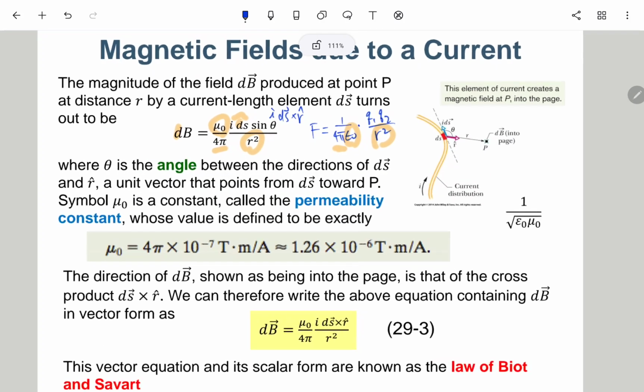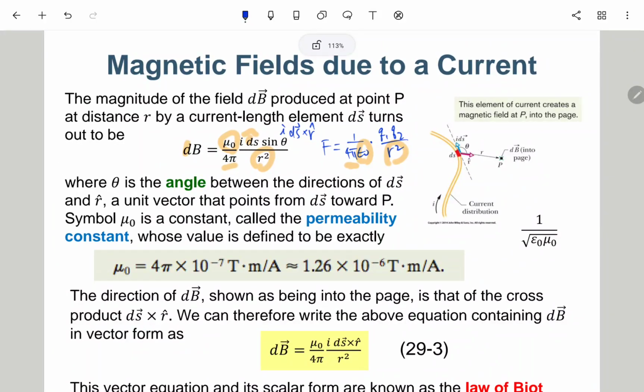So here we try to understand this first by introducing the constant mu zero. In electrostatics we have epsilon naught, the permittivity.